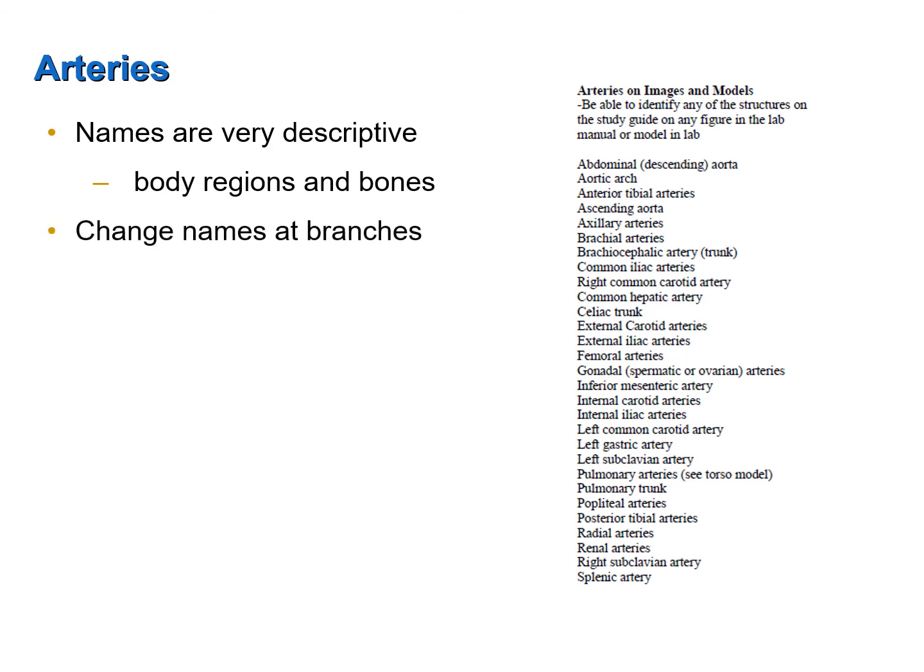Second, realize that every time there is a branch, the artery changes its name. For example, let's say we have this long blood vessel or tube. And let's say at this point it has some name, artery X, let's call it. And then there's a branch.